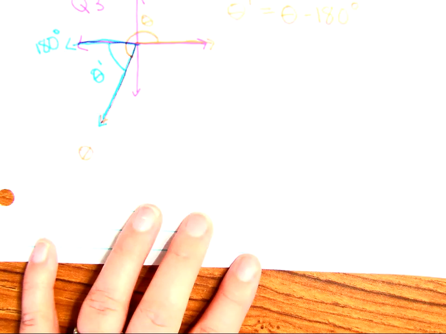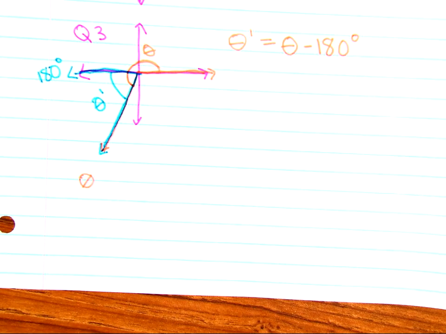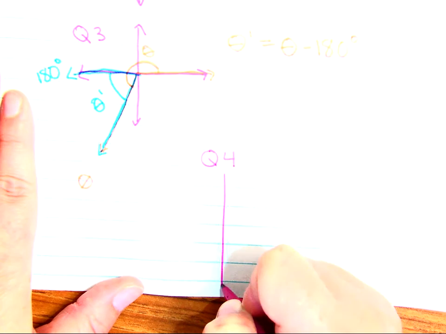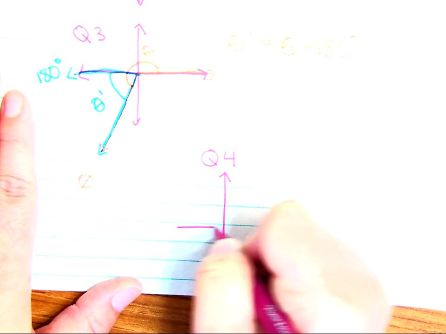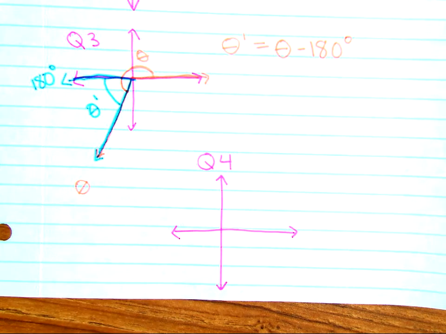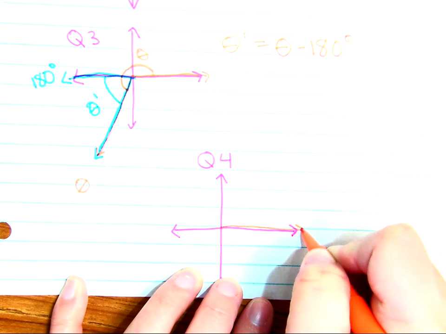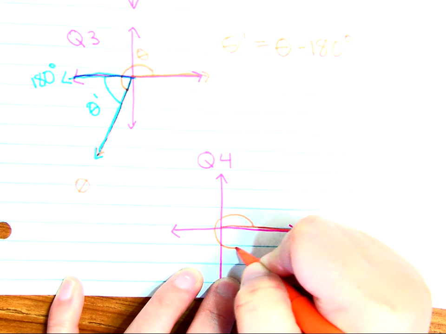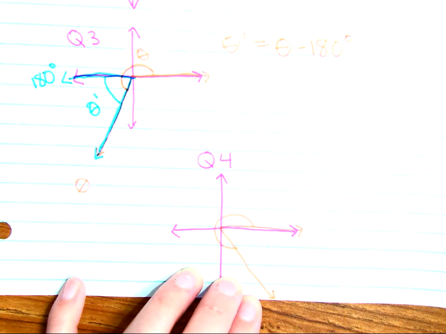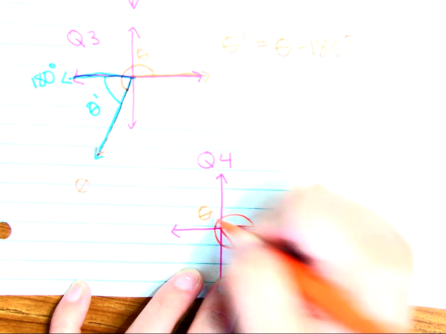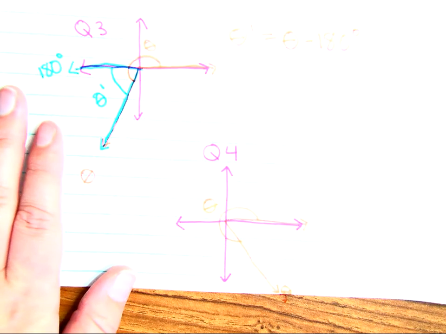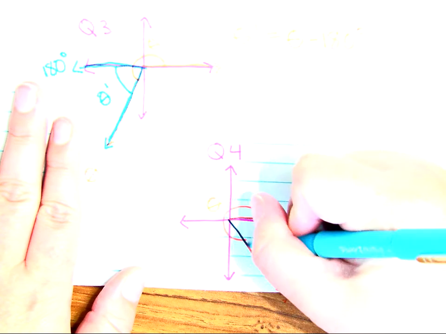Quadrant 4 should be our last one that we're going to do. Okay, so draw an angle in standard position in quadrant 4. Looks like that. Okay, this is my theta. So again, this ray right here represents theta. That's also my terminal side. So that will make up one side of my reference angle.